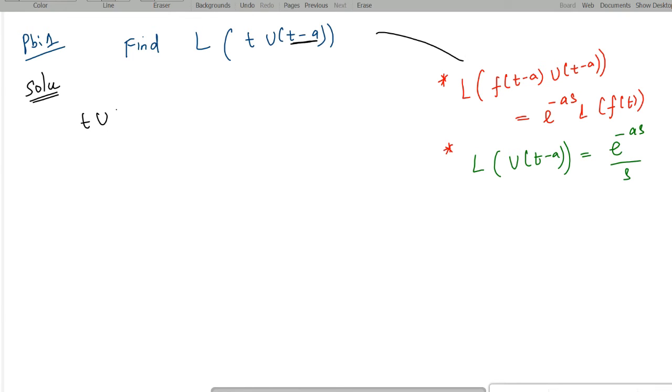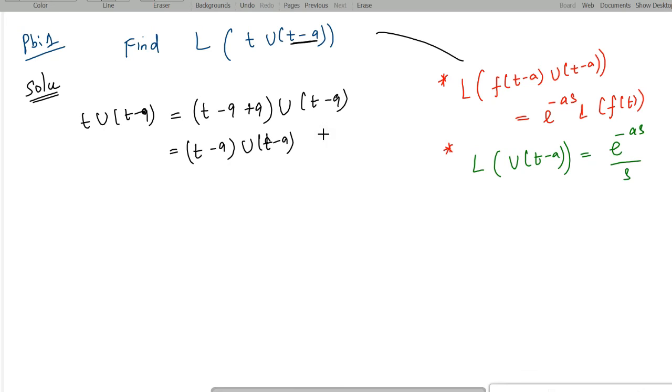t u of t minus 9 equals, I am going to add and subtract 9: t minus 9 plus 9, times u of t minus 9. So you can separate it as t minus 9 into u of t minus 9 plus 9 u of t minus 9.